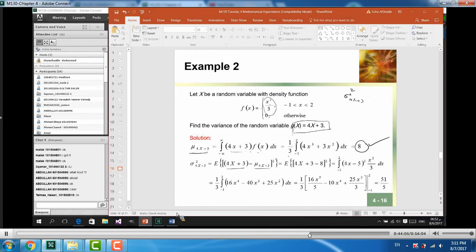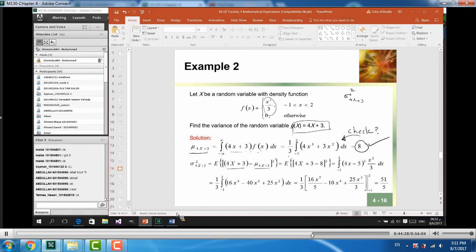Now the variance is the expectation of 4x plus 3 minus 8 square. So 4x plus 3 and the mu is 8, so minus 8, it will be minus 5 square, multiplied with fx.